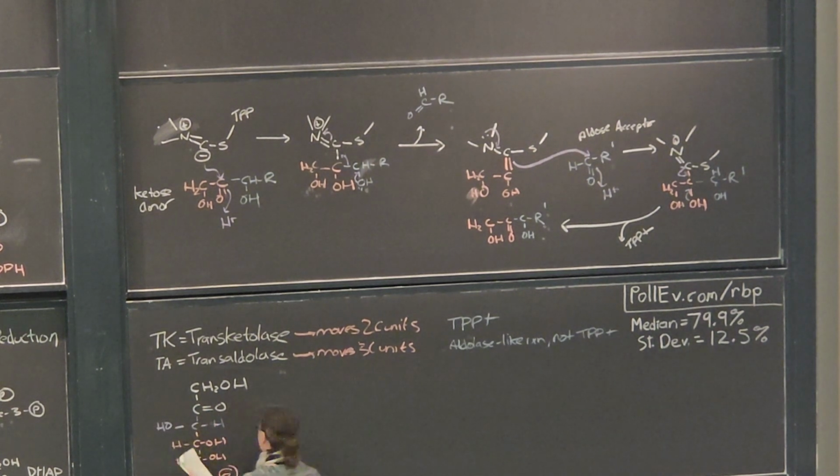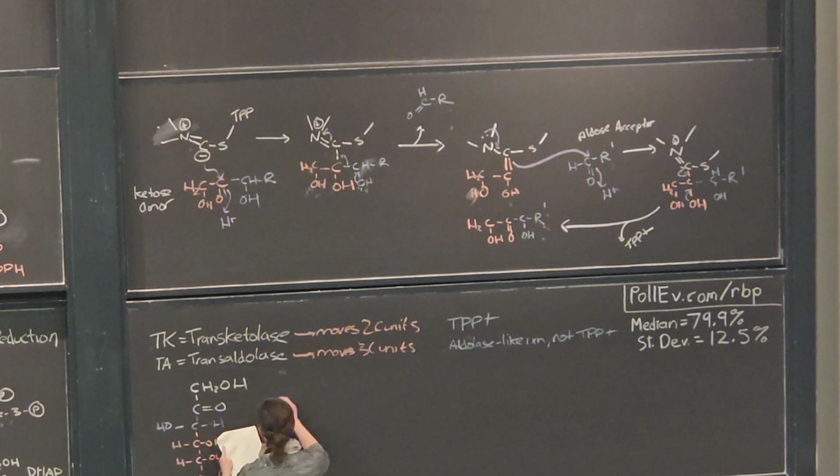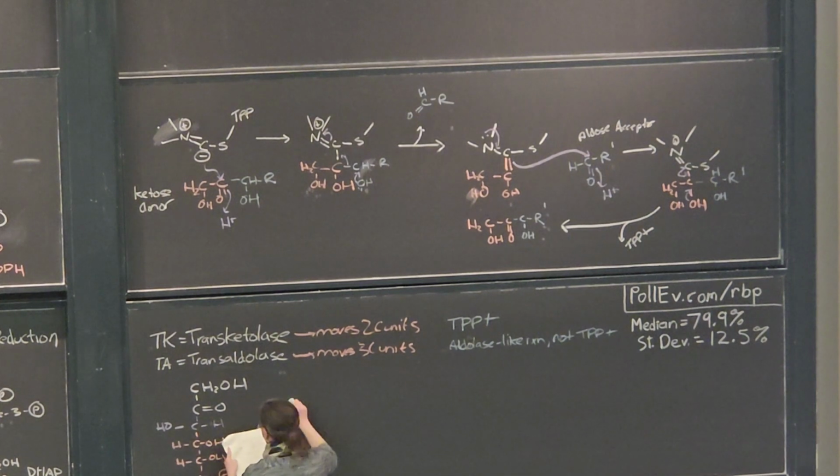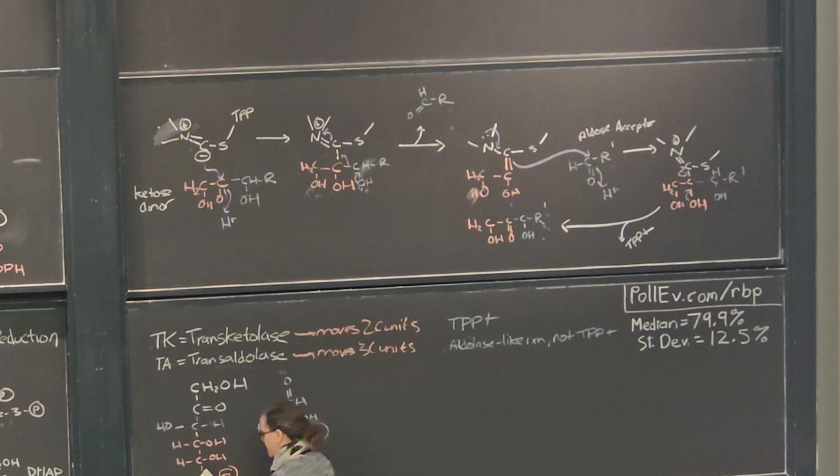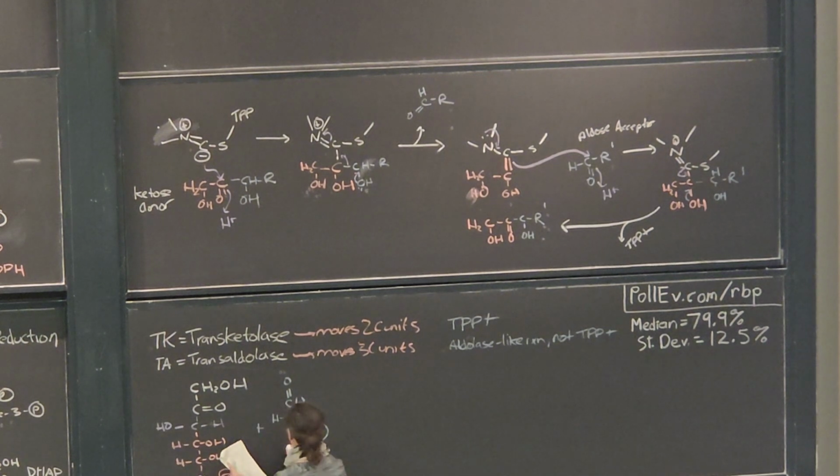Now if we combine it with an aldose, this could be any aldose. It happens to be glyceraldehyde 3-phosphate.